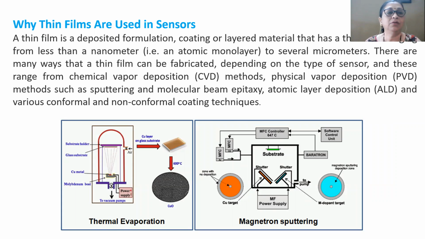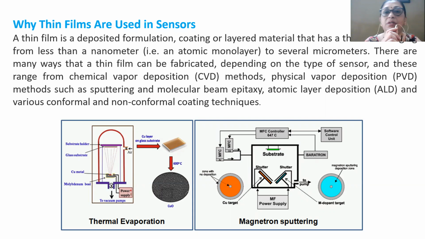Now here you can observe the various methods that are used to fabricate thin films. The thickness of a thin film sensor is of the order of nanometers to several micrometers.